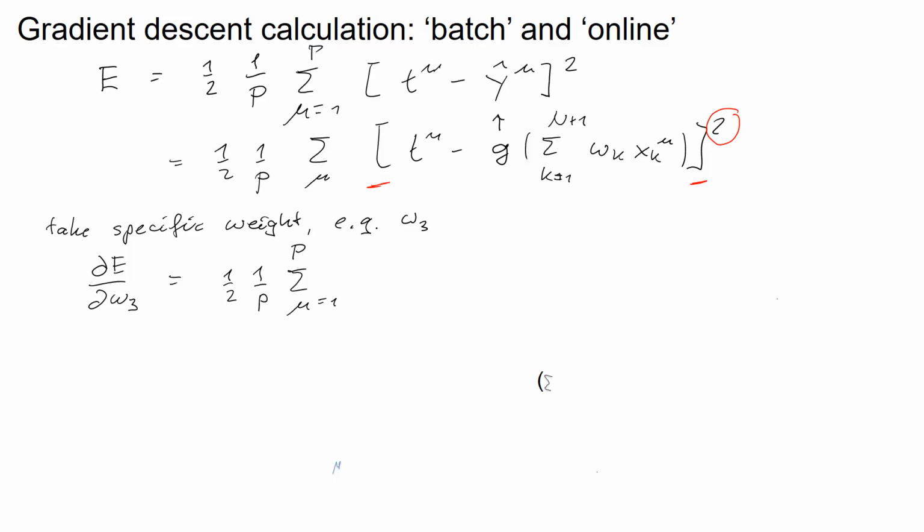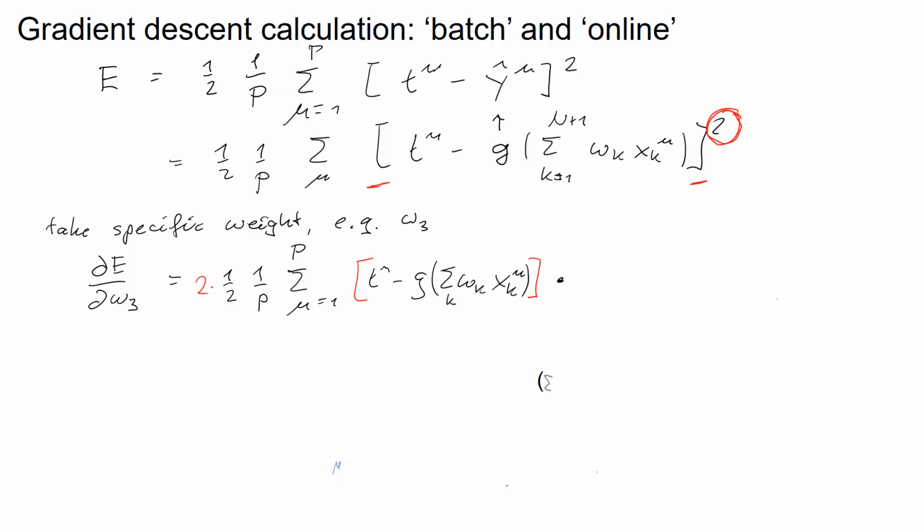So taking the chain rule means this exponent of 2 comes down. So I have 2 times, and then I just copy whatever is inside these squared brackets. So this is t mu minus g of sum over k wk xk mu.